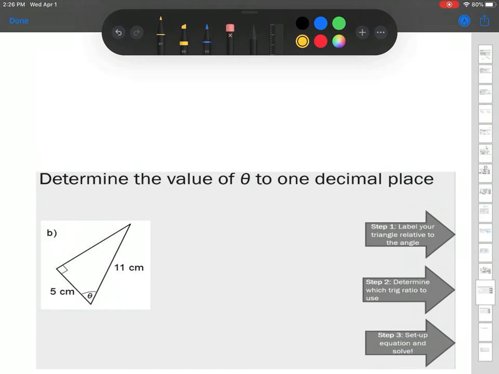All right, so let's do another one. Okay, so now we're going to label our triangle. We have the height across on the right angle, and then this time now we have the side next to or adjacent to the theta.